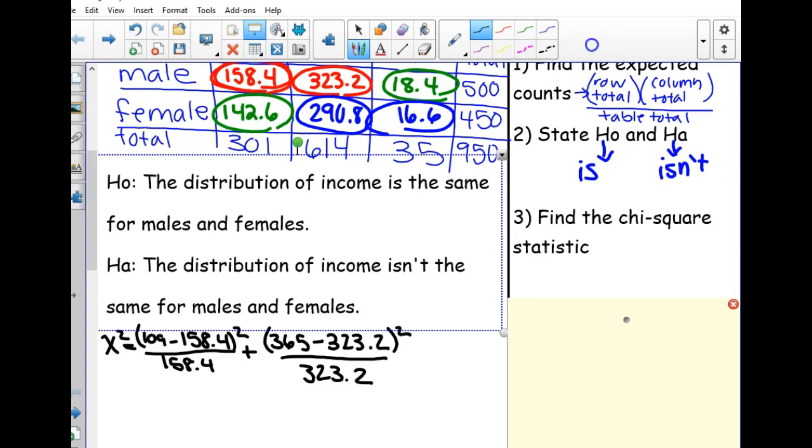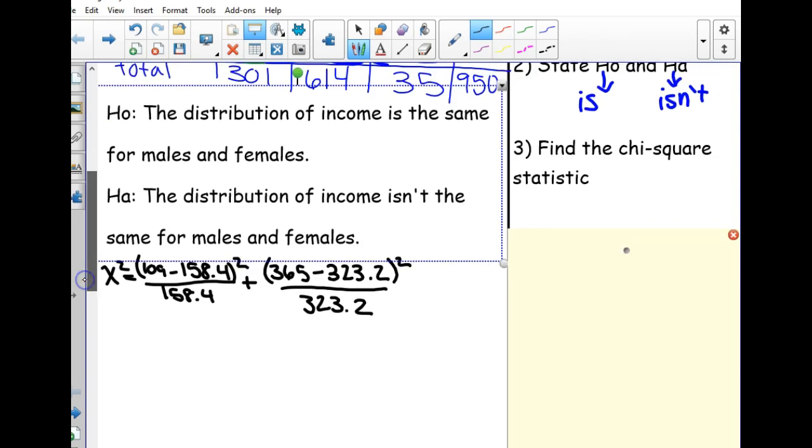If you have a graphing calculator on the test, in order to show your work, you can just put plus dot dot dot after you do a couple. How many? 2 or 3.